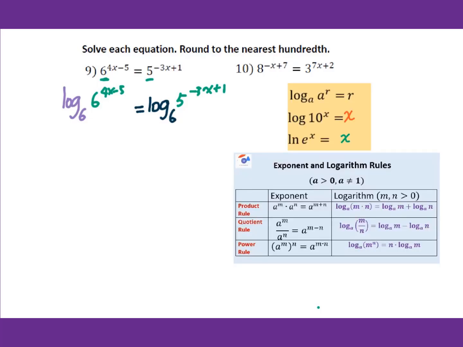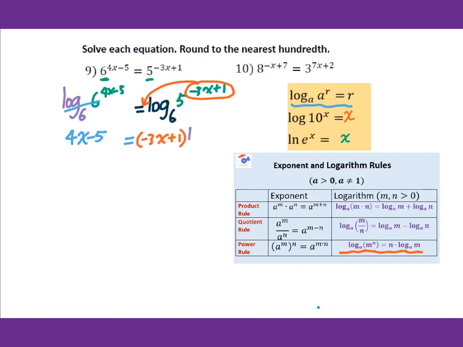According to this formula, we got 4x minus 5 on the left side. On the right side, we got to use the power rule. You have exponents, we got to drop down the negative 3x plus 1.